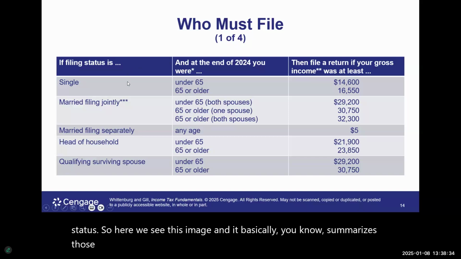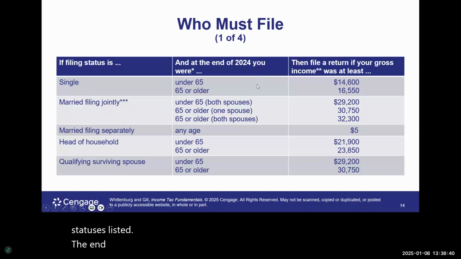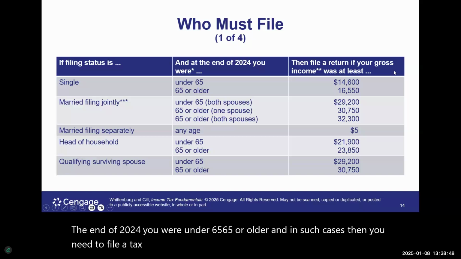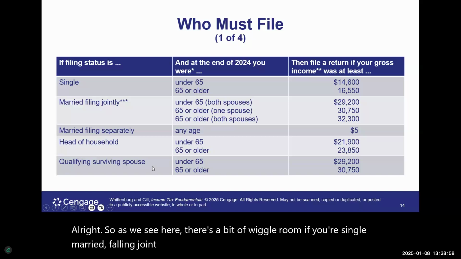If the filing status is, and here we see the 5 filing statuses listed, and at the end of 2024, you were under 65 or 65 or older, then you need to file a tax return if your gross income was at least the listed amount. As we see here, there's a bit of wiggle room if you're single, married filing joint, head of household, or qualifying surviving spouse.